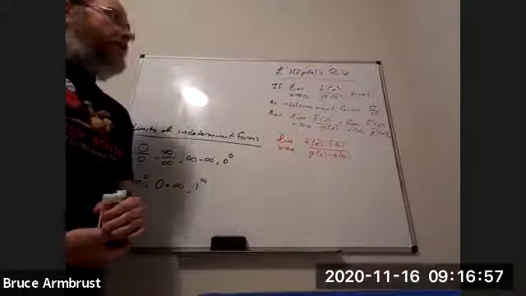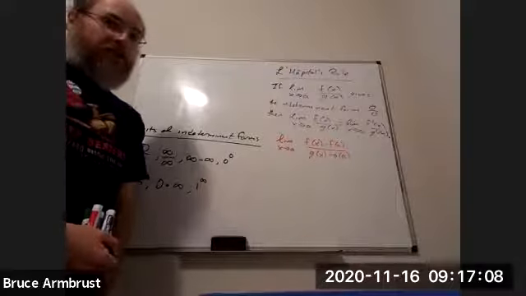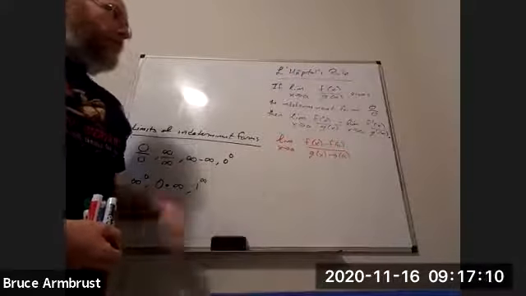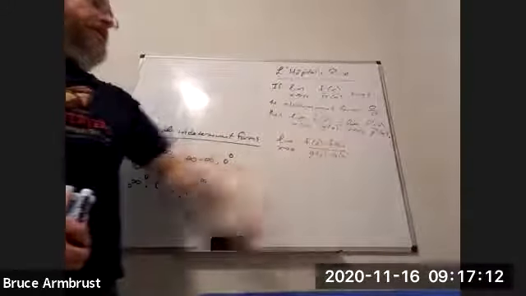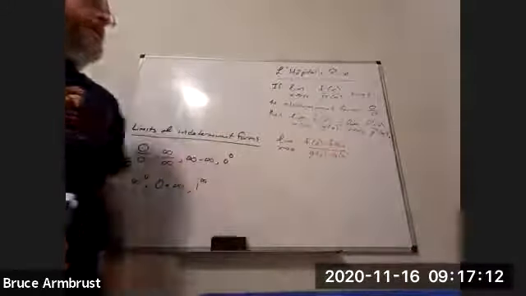Because remember what I said here at the start? This is the kind of thing that when I plug in a gives me 0 over 0. So f of a is 0 and g of a is 0. So what I really did right here is I subtracted 0 from the top and I subtracted 0 from the bottom, which means I didn't change anything.